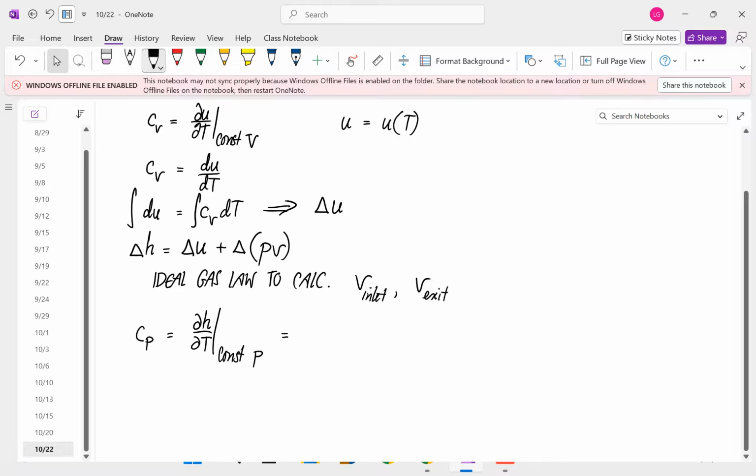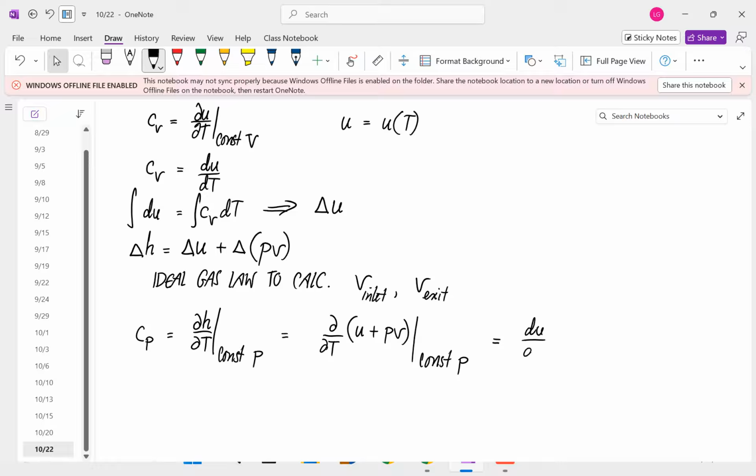And that is the partial with respect to temperature of U plus P little v, and so that is dU/dT plus P.